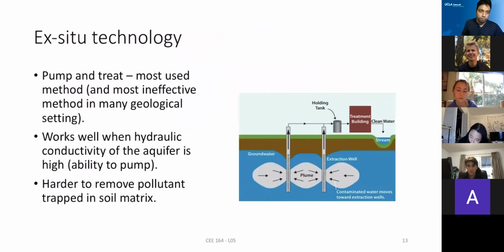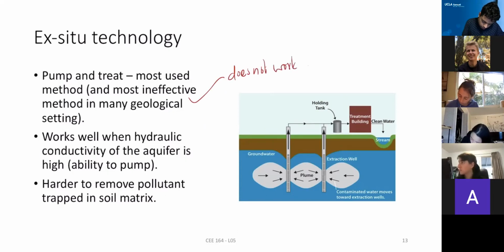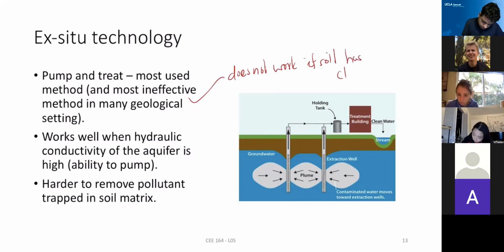And again, I just want to re-emphasize, it's the most used method before, but it has become most ineffective because of the soil constraint. Soil constraint means it doesn't work if the soil has clay or an impermeable zone.